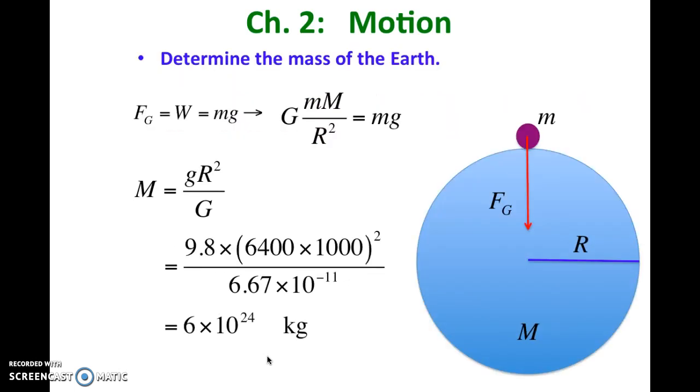Another example is to determine the mass of the Earth. Considering the weight of an object on the Earth is the gravity on the object by the Earth, we have the mass of the Earth equal to the gravitational acceleration times the square of Earth's radius divided by the gravitational constant.